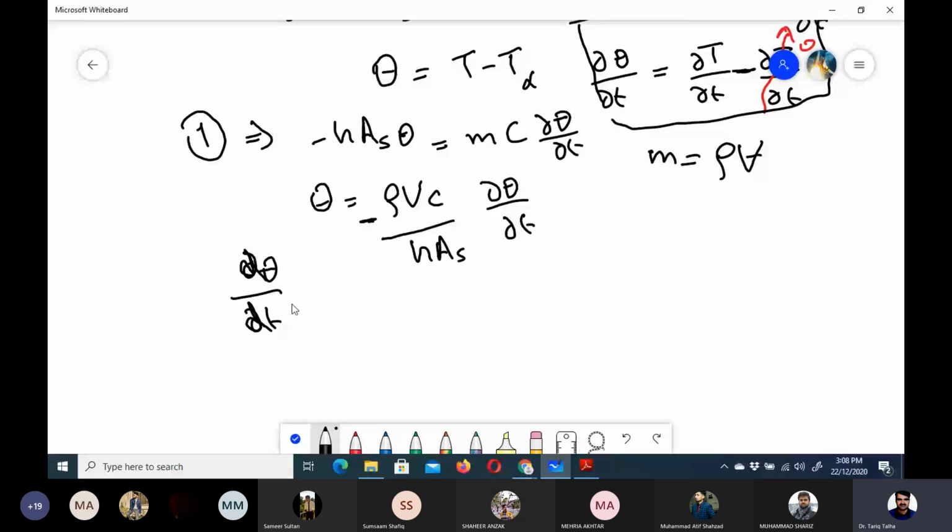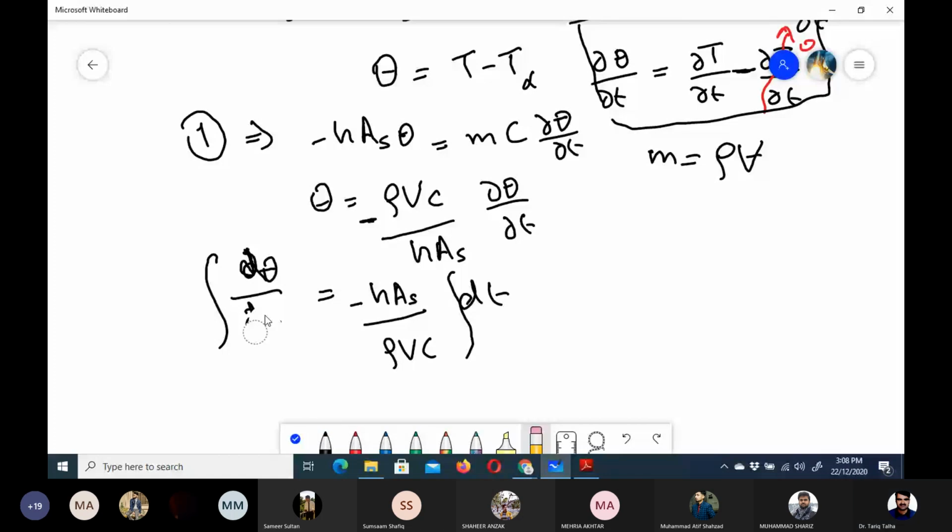So d theta upon dt would be equal to minus hAs upon rho Vc, with dt on the right hand side. Let me make it more clear, this is d theta.